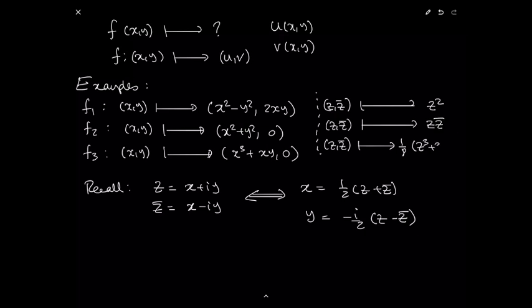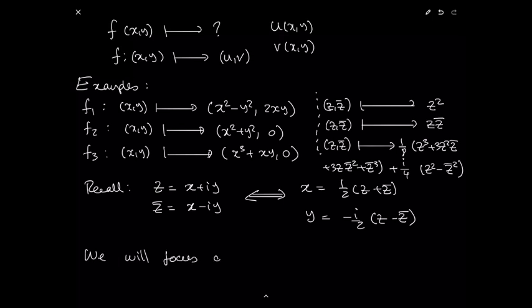Z cubed plus 3z squared z bar plus 3z z bar squared plus z bar cubed plus, and we can't forget the complex part, z squared minus z bar squared. So these functions look pretty simple on the left-hand side when you do it in x and y, and some of them look even simpler when you do them in terms of z and z bar, but f3 looks absolutely horrendous.